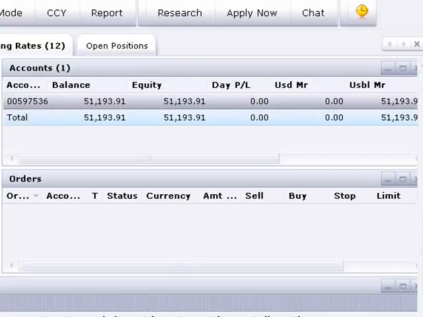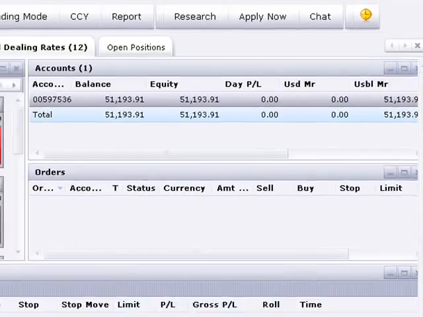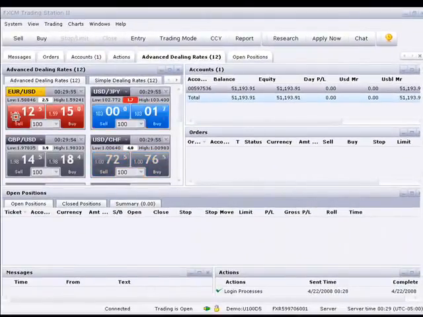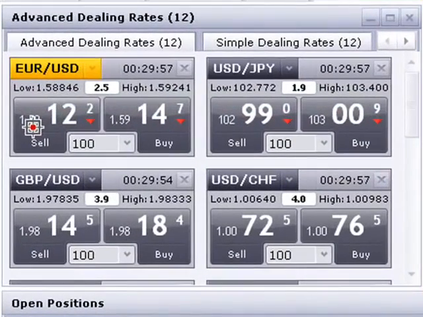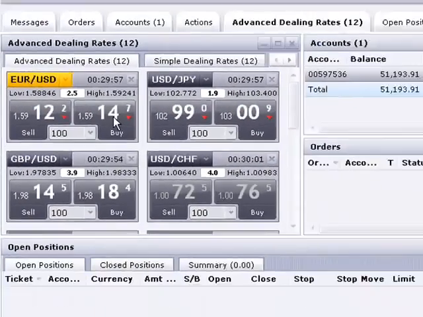The USD MR column. This stands for Used Margin, and is the amount of money in your account which has been allocated for margining your open positions. If you have no open positions, this column will read 0, so go ahead and click the dealing rates and open up a one contract position.